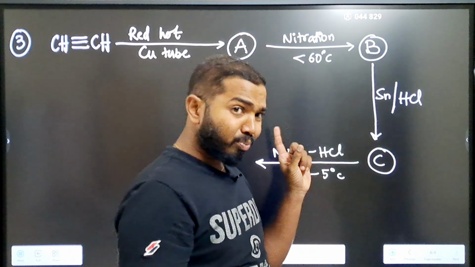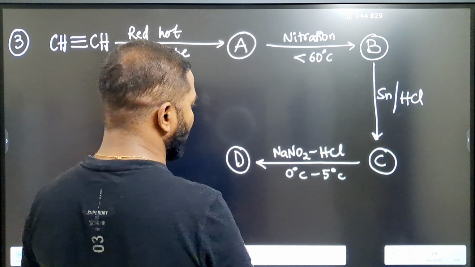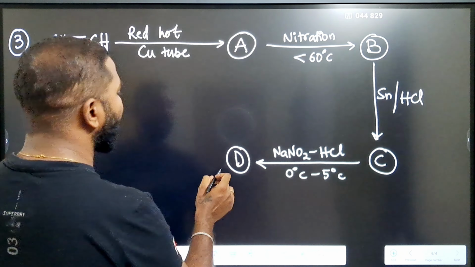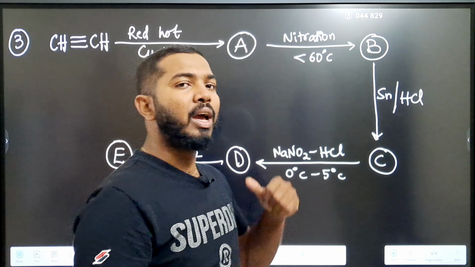This undergoes in situ reaction, HNO2 formation takes place, and then it gives us D. We have got D here. If we add H3PO2 to this D, it is going to give us E. So we have got E.